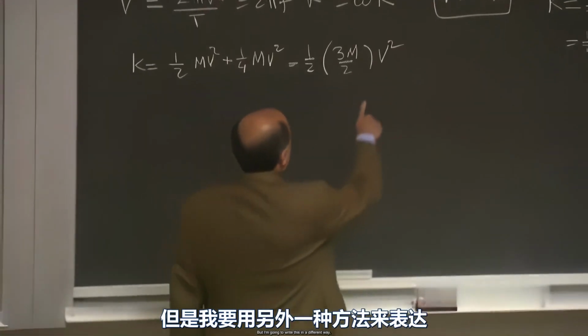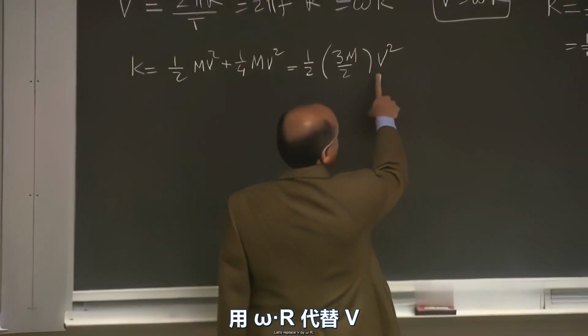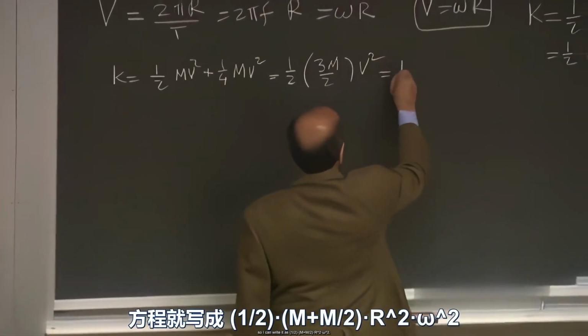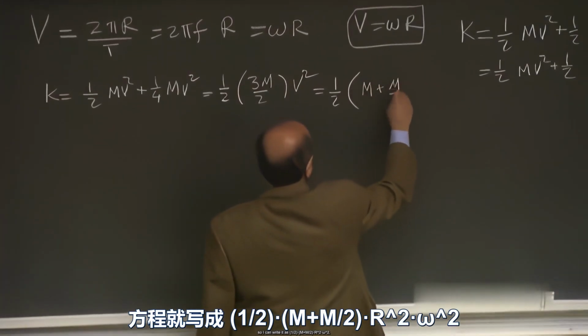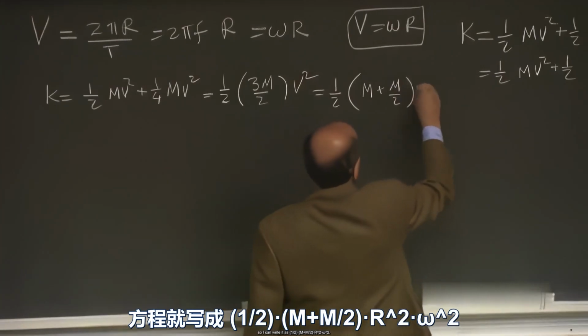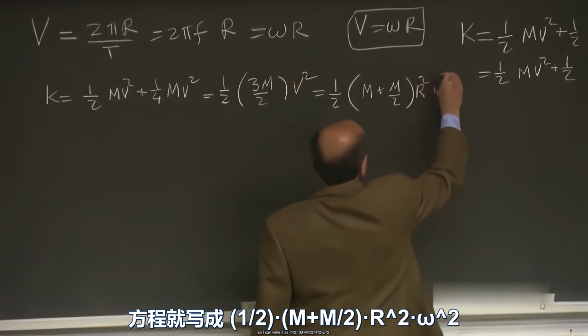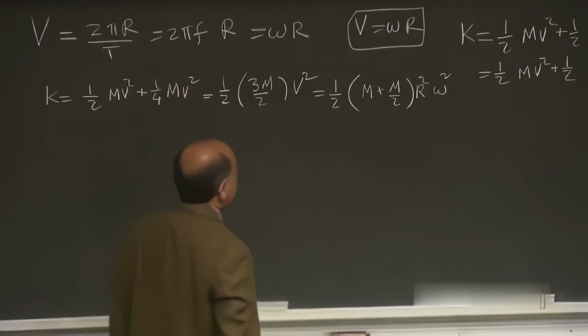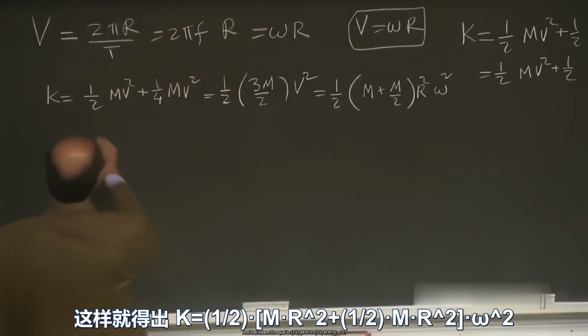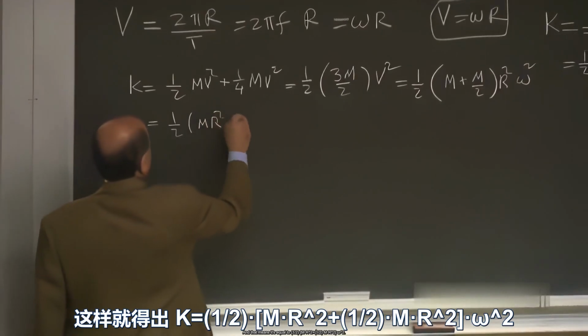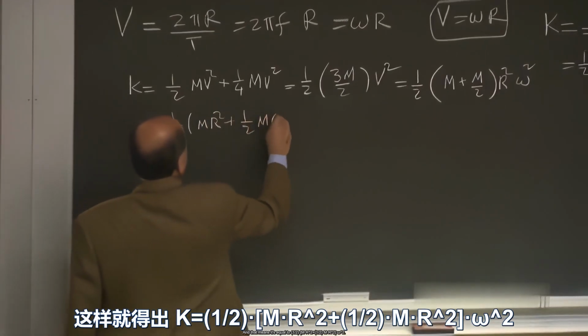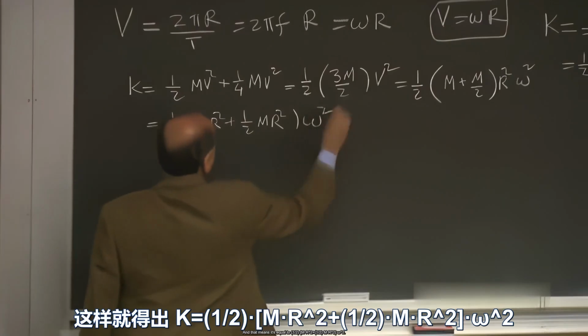But I'm going to write this in a different way. Let me replace v by omega r. So I can write it as 1/2 times m plus m over 2 times r squared omega squared. And that means it's equal to 1/2 times (m r squared plus 1/2 m r squared) times omega squared.